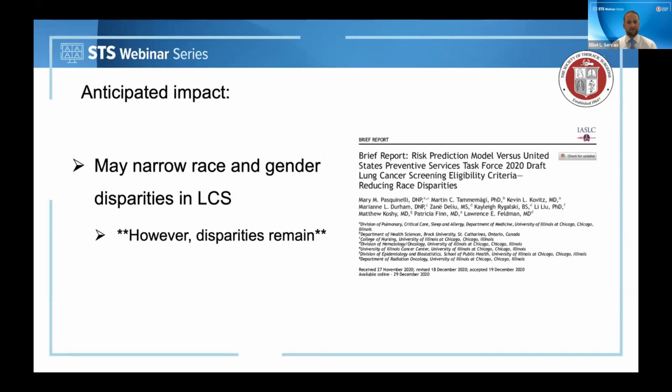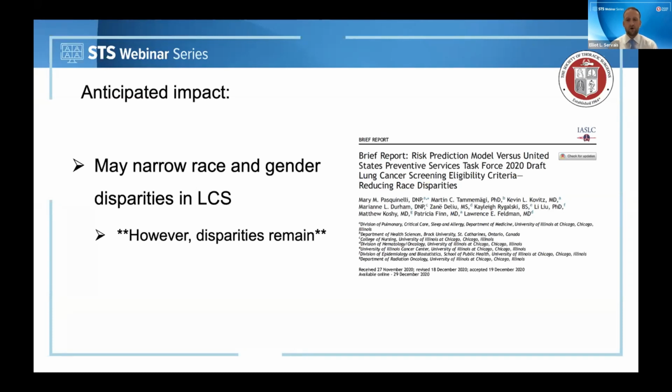An additional important impact, and you heard a great talk earlier on the disparities in lung cancer screening, is that the new guidelines may narrow the race and gender disparities. Why would that be? Well, here is one great report from the University of Illinois at Chicago and JTO, looking specifically at eligibility and populations and race and gender disparities based upon guidelines.